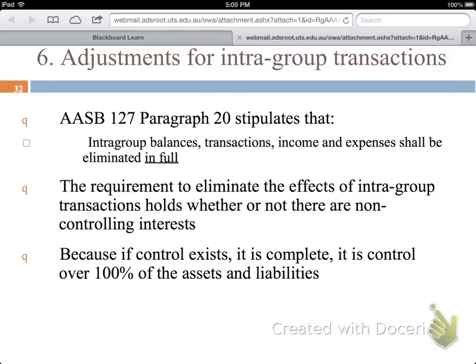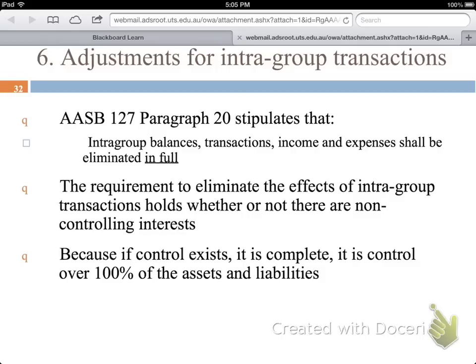So we've had a look at a very simple example. It is very likely that there will be other types of intra-group transactions, especially the ones we've looked at last week, that were actually harder to record. So the requirement of ASB 127 is to eliminate all intra-group transactions in full.